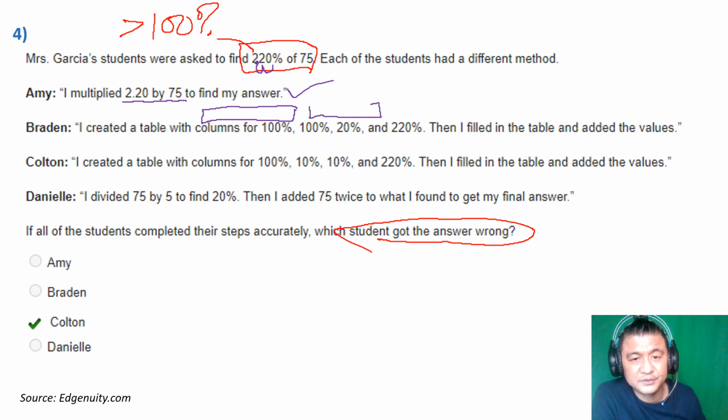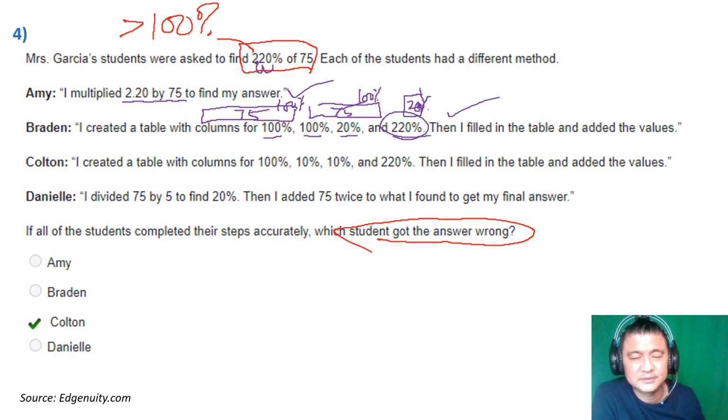Another 100%, this is 75, and he wants to get 20%. This is 100%, and another 100%, and the total will be 220. It makes sense.